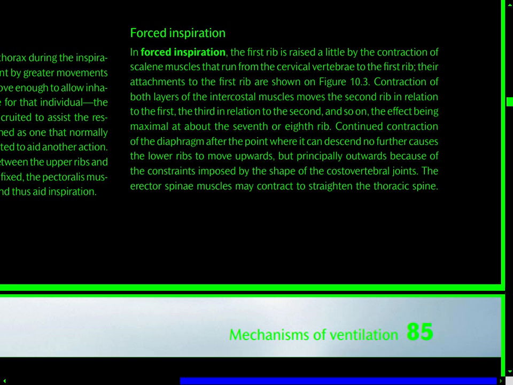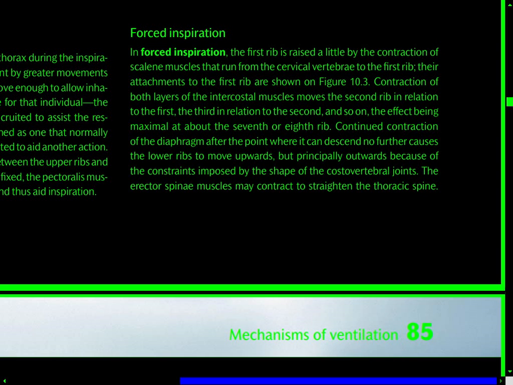Contraction of both layers of the intercostal muscles moves the second rib in relation to the first, the third in relation to the second, the fourth in relation to the third. So there is a relationship of contraction, all dependent on the scalene and the first rib.